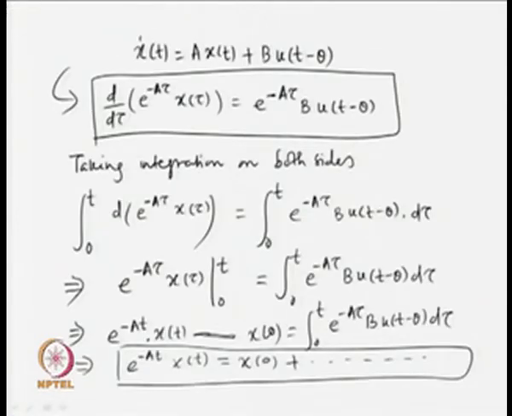E to the power a t will get multiplied here, therefore, you get e to the power a t minus tau b u t tau minus theta. I have made some mistake somewhere. Okay. This will be b tau minus theta, all those t will be tau.